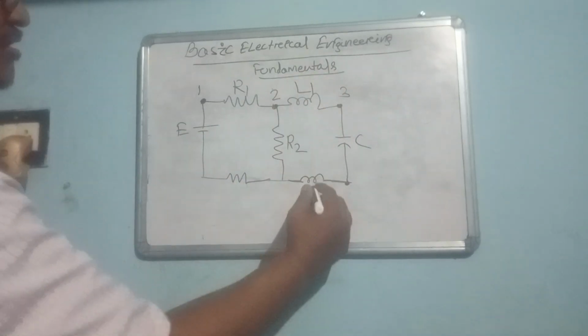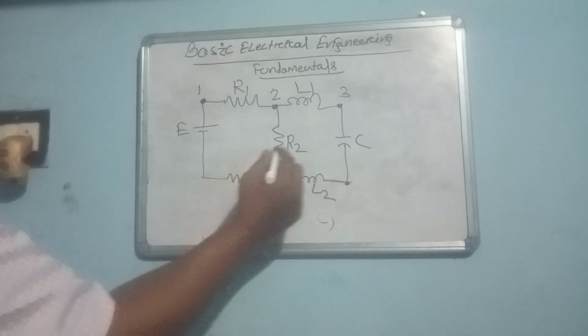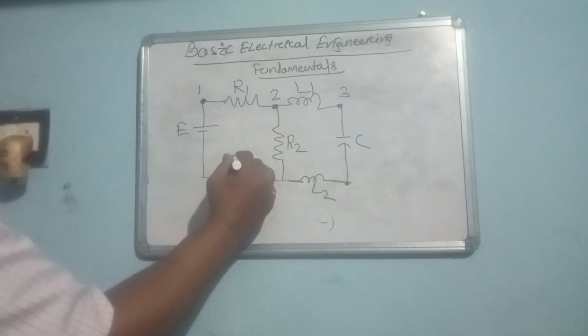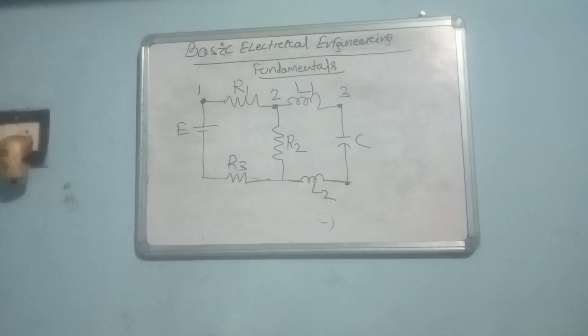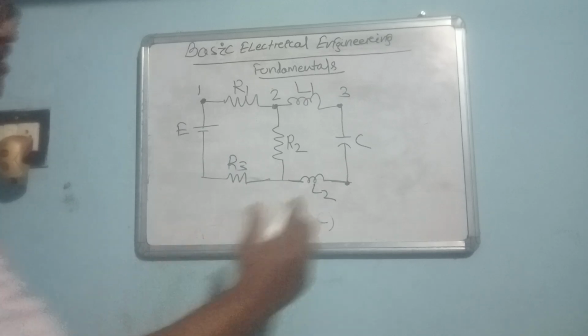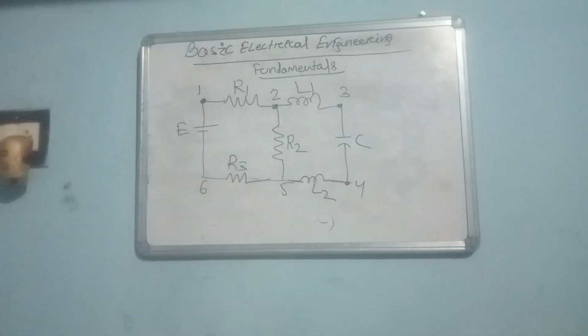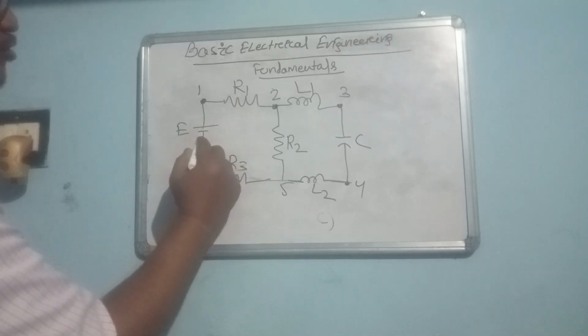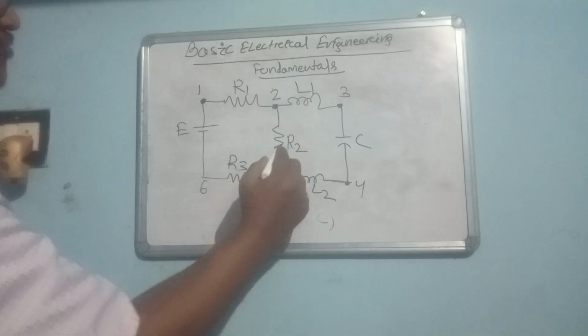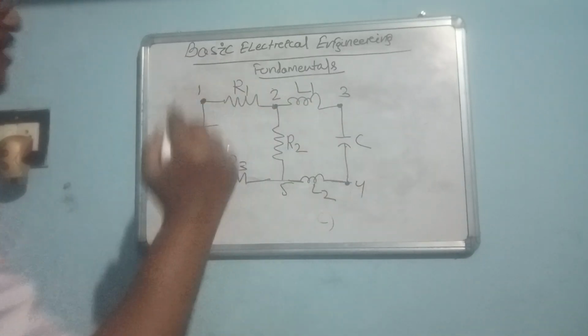Suppose this is L1, this is L2, and this is your R1, R2, R3. So 3, 4, 5, 6. You have 6 nodes, whereas you have branches 1, 2, 3, 4, 5, 6, 7 branches.